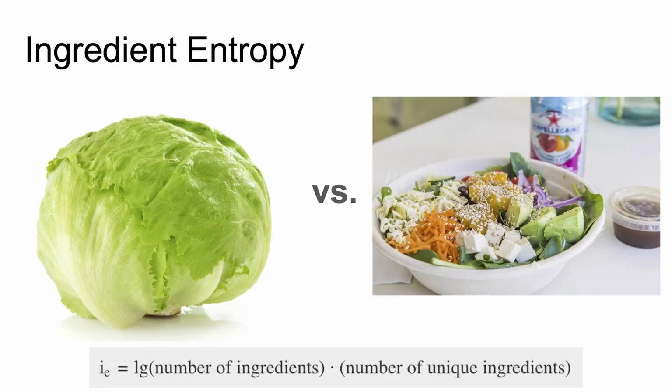Okay. And this, the food on the right is a salad, a traditional salad, and I'm going to leave it as that for the entirety of the video. We're looking at how many unique ingredients there are and how many of each ingredient there is. So, for an example, in this salad we see there's avocado, there's leaves, there's carrots, there's I think some onions, tomatoes, right?